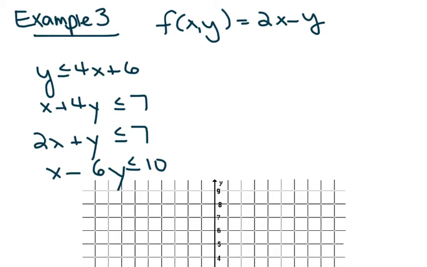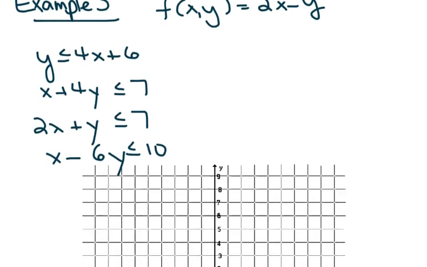We're going to find where the shaded region all overlap. We're going to find the vertices of that shaded region. And we're going to plug those ordered pairs into this top function in order to find out which ordered pairs give a maximum of the function and which give a minimum of the function. The function at the top does not get graphed. It's an equation that gets plugged into later.